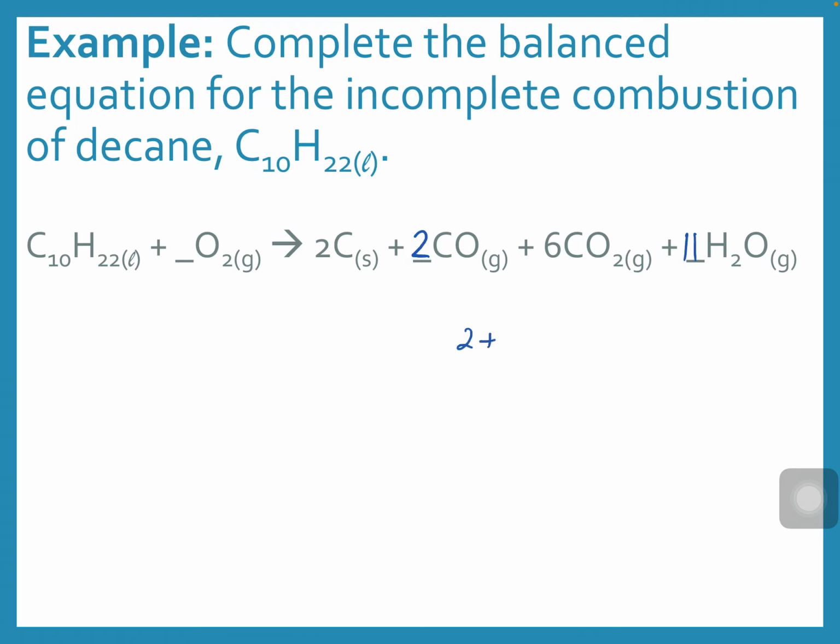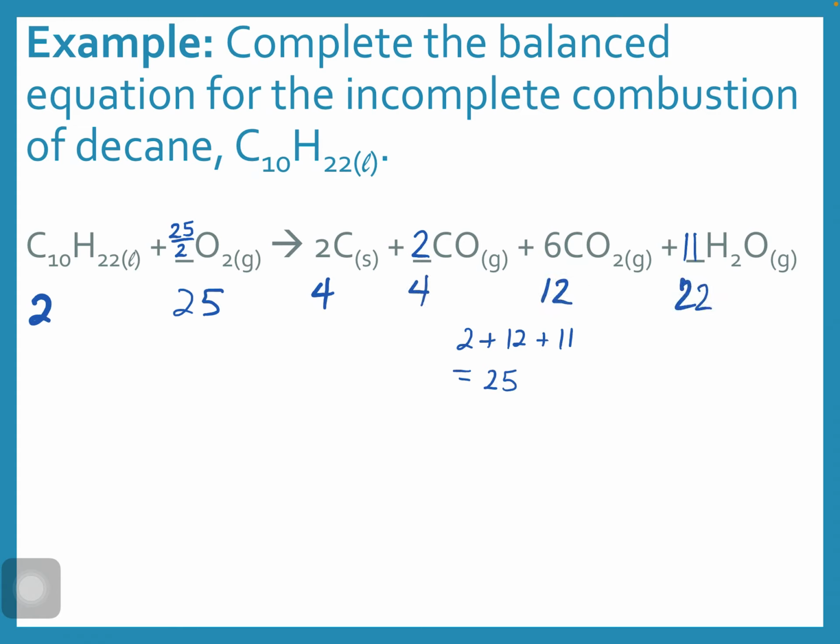So once again, this is where 25 over 2 comes in. 25 divided by 2 is 12.5, and then times 2 gives me the 25 oxygen atoms in my reactants. And if you didn't like that, then 2, 25, 4, 4, 12, and 22 to balance there.